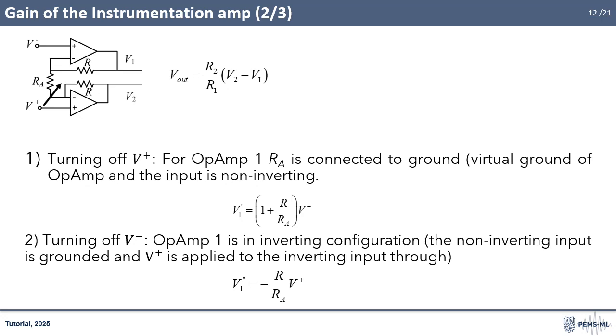Because of the symmetry and the high gain of the op-amps, the voltages at the inverting and non-inverting terminals of each amplifier become nearly equal, establishing a relationship between V1, V2, and the input difference. By applying basic circuit analysis, Ohm's law, and the principle of virtual short in op-amp configurations, the gain of this stage can be expressed as a function of R and RA.